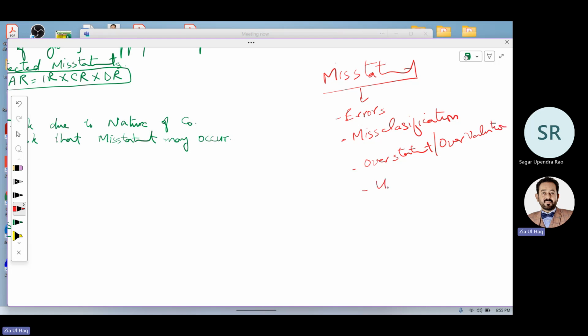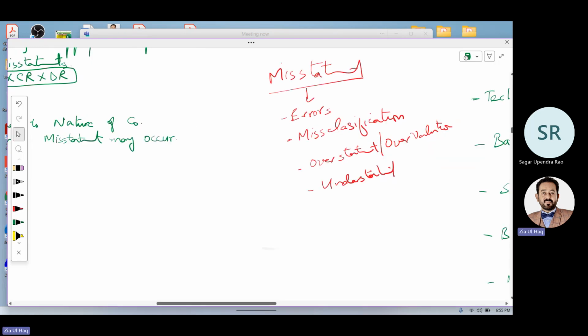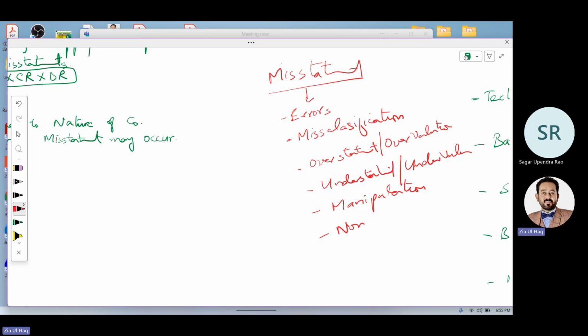Chances of understatement or undervaluation, like in the case of liabilities and expenses, where, for example with no provision, expenses and liabilities could be undervalued. Any chances of manipulation, if there are so many over or understatements, we will call it manipulation. Or if there are chances of any non-disclosure.